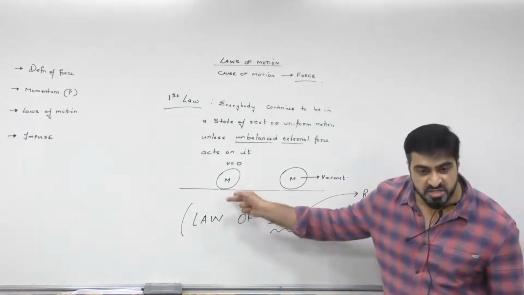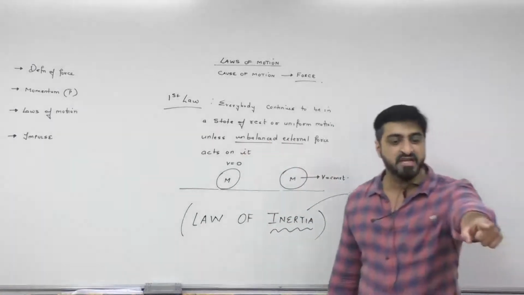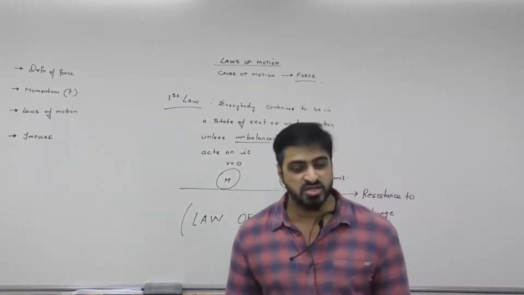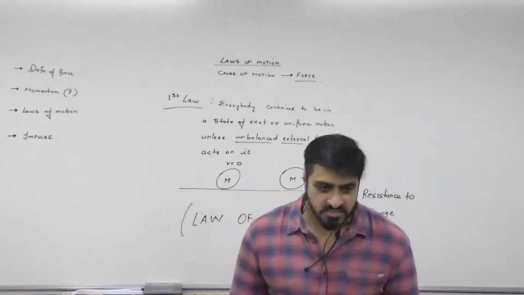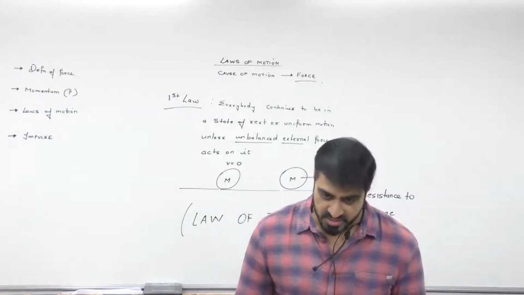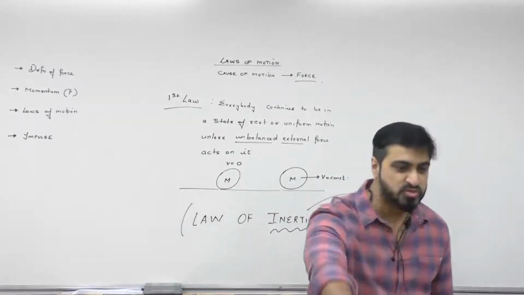And who will change its condition? Unbalanced external force. If I tell you, if you don't give the test on Wednesday, I will suspend you all, then everyone will have to give it. Okay? Understand? Why? Because I am applying unbalanced external force.